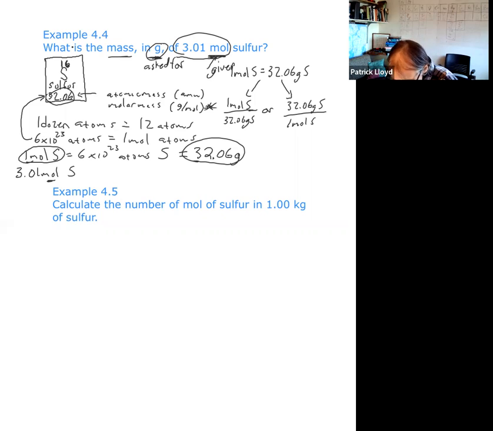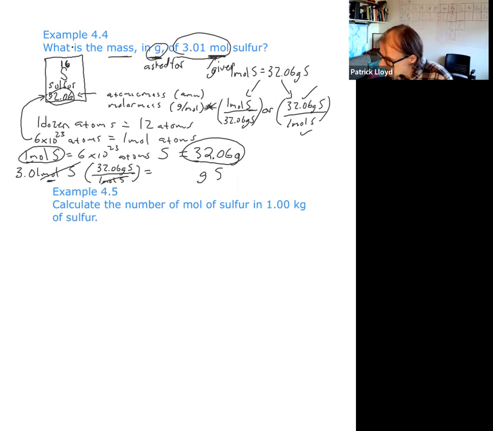So we pick the one of these 2 conversions that will give us the correct units. So I'm going to multiply this by 32.06 grams over 1 mole of sulfur. Putting this one right here, grams on top, moles on the bottom. Why? Because look what happens. Moles of sulfur divided by moles of sulfur is 1, and that just leaves us with grams of sulfur, okay?